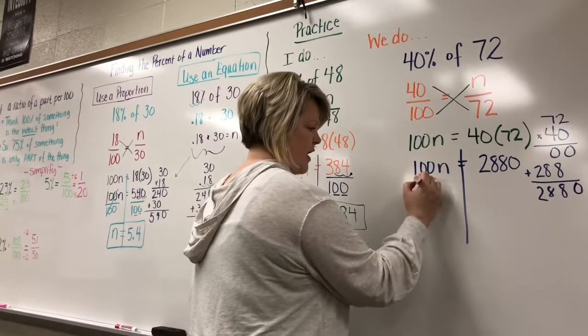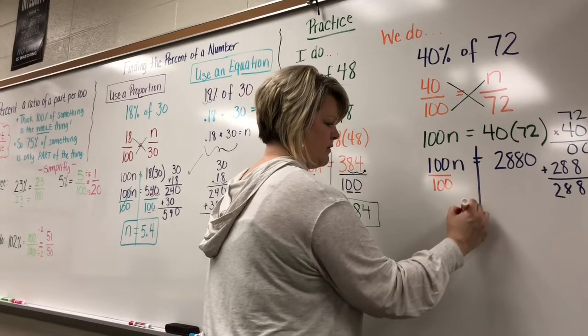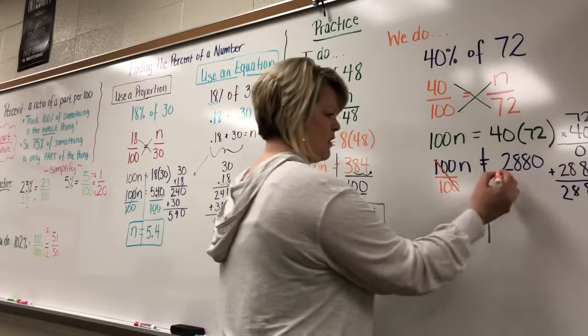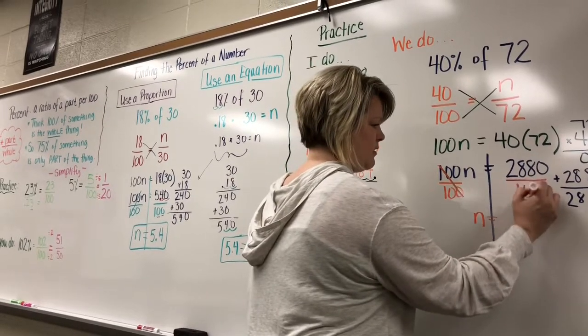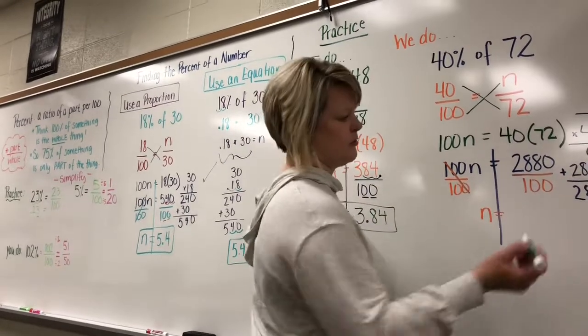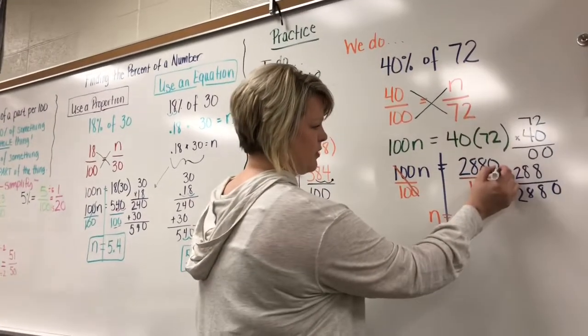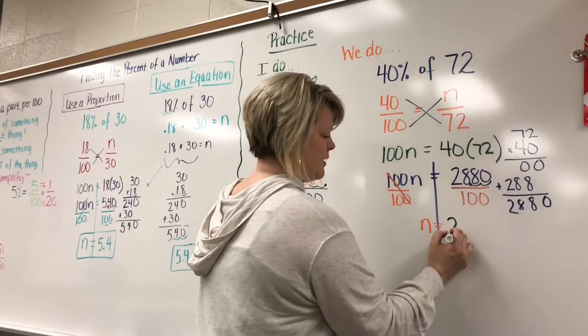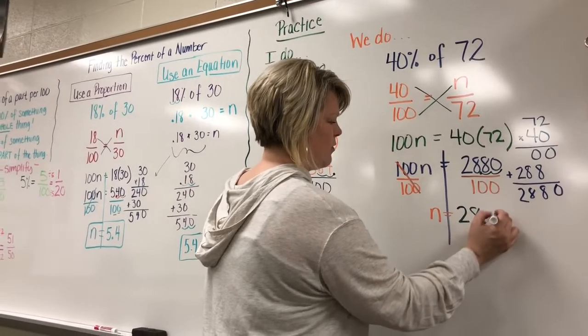Again, I'm going to divide because I want to get that n by itself. That cancels out. I'm going to divide this side. That great thing of not having to do a bunch of division because I'm dividing by 100, so I'm going to go in 1, 2. So n is 28.80.